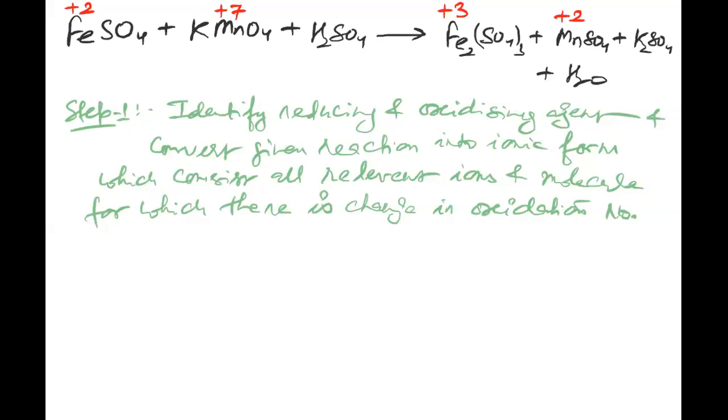The ionic form reaction should consist of all relevant ions and molecules for which there is a change in oxidation number.